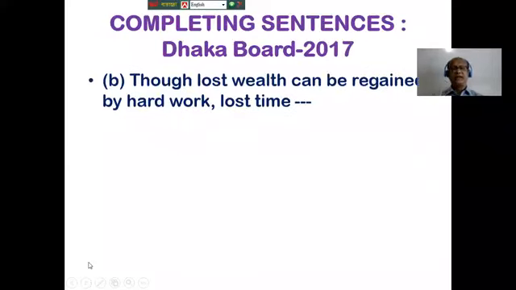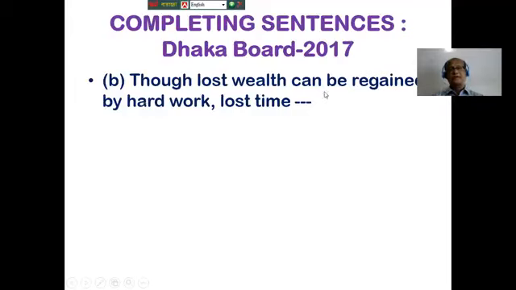Though lost wealth can be regained by hard work, lost time. Here again, this sentence part indicates a presentation of 2 opposing ideas. Lost wealth can be regained by hard work. Lost time.